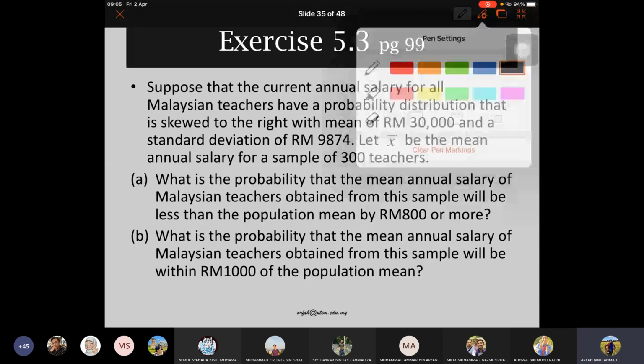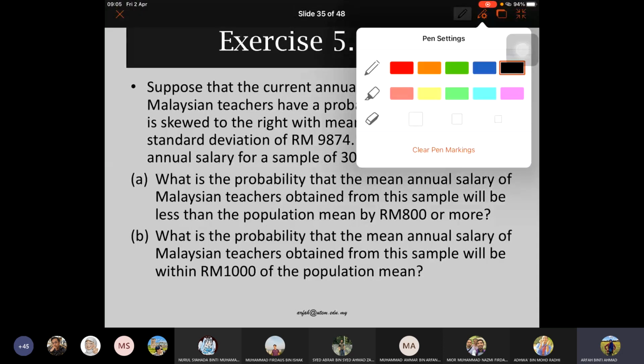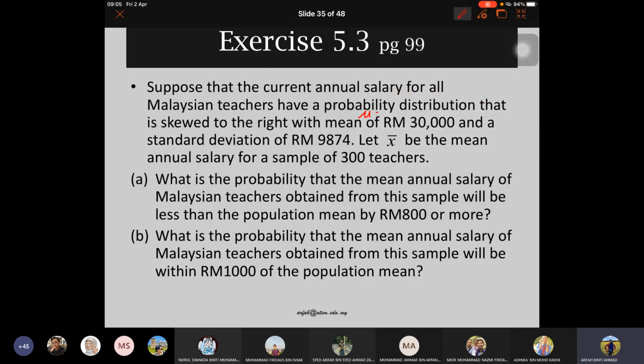Given the population mean, mu equal to RM30,000 and standard deviation equal to 9874. Let X bar be the mean annual salary for a sample of 300 teachers. So, N equals 300 teachers and X bar is the mean annual salary.